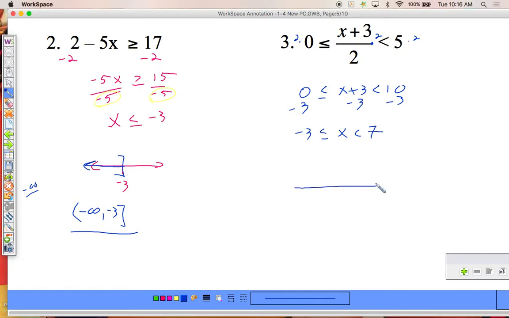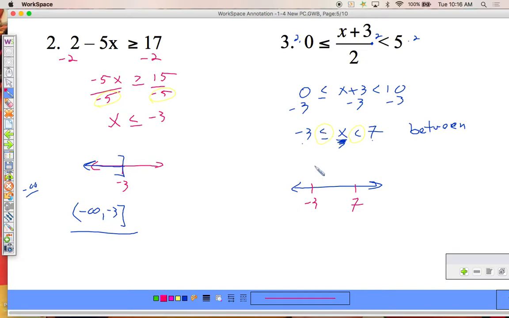All right, this one is a little different. This is a compound inequality. What this says is I'm going to want all the x values between -3 and 7. But I want to count -3, and I don't want to count 7. So we're going to think of this as a between. I want the x values that work in both of those. So I'm going to go -3 and 7.